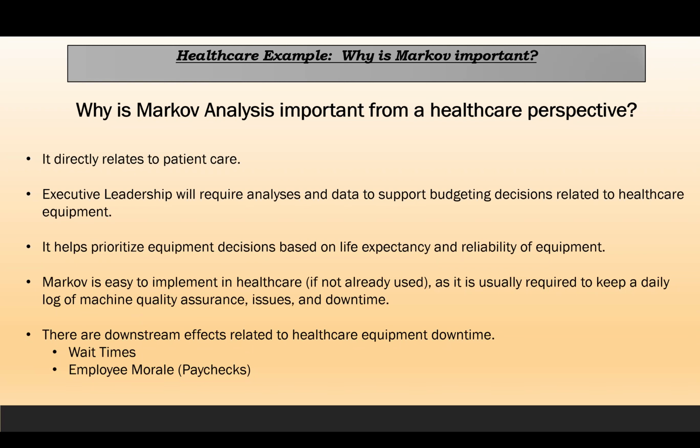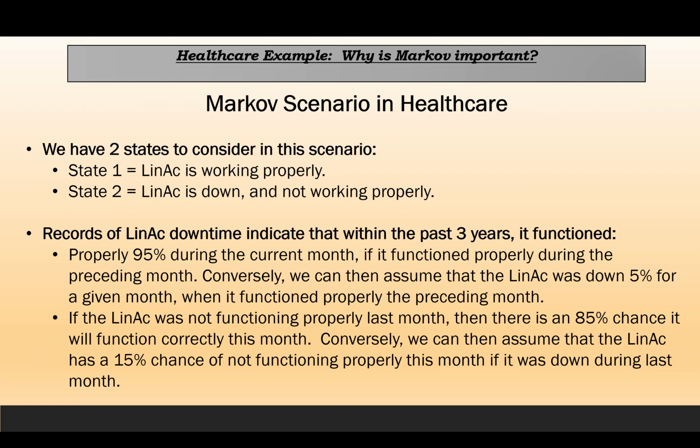This scenario basically tells you that in the past 3 years, when they've evaluated this, 95% of the time in the current month, it worked properly if it worked the previous month. And of course, everything has to equal 1. So 5% of that month, it wasn't working if it was working in the previous month.